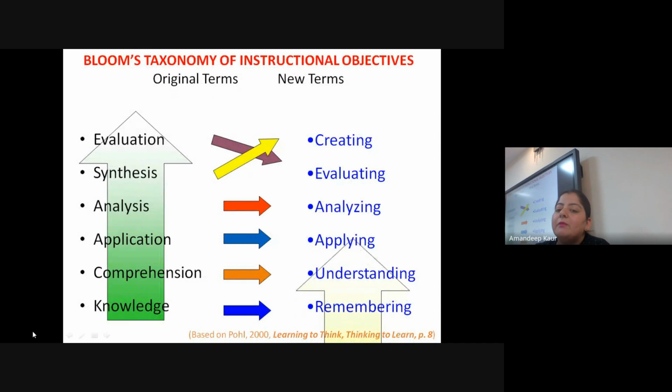Same is defined by Bloom in 1983, and after that, that particular research group defined the Bloom's taxonomy again in the year 2000, and based on Bloom's taxonomy only, all kinds of pedagogical approaches are being designed and used till date.